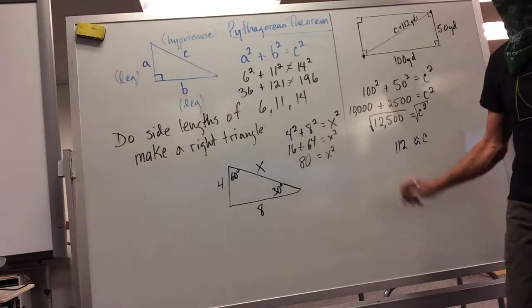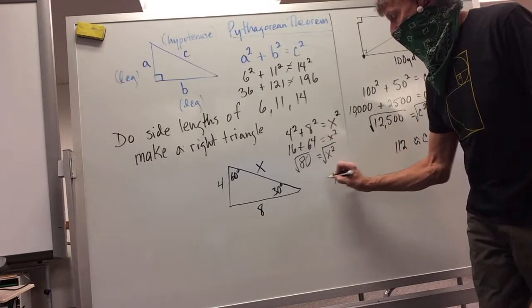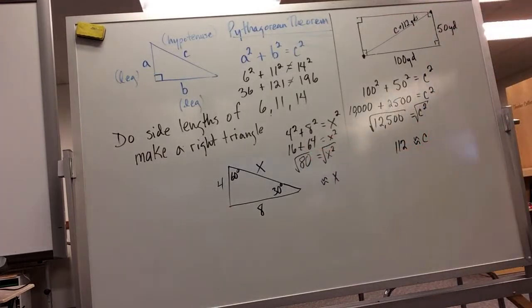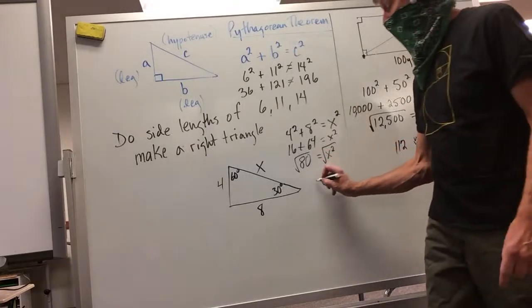You take the square root. What is it going to be about? What's the approximate square root of 80? No, don't use a calculator. This one you should be able to do. Yeah, it's really close to 9, isn't it? Because 9 times 9 is 81.